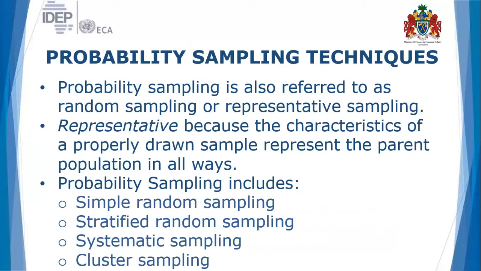And there are different techniques under probability sampling. Number one, there is simple random sampling, then stratified random sampling, then systematic sampling, and cluster sampling. So our discussion will focus on this.